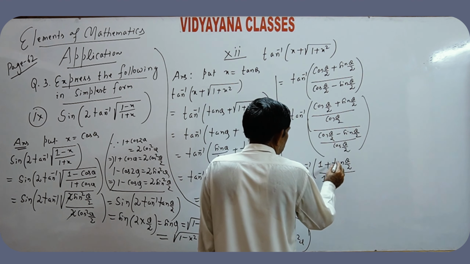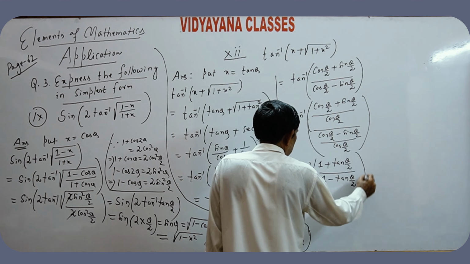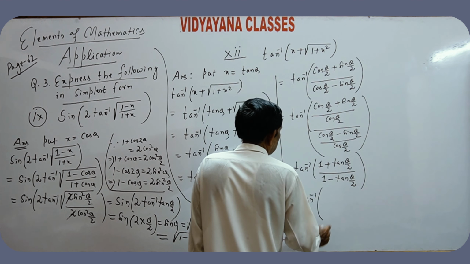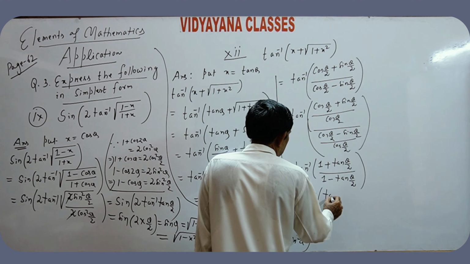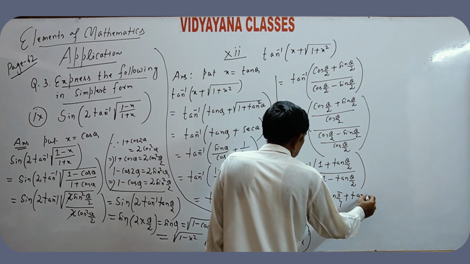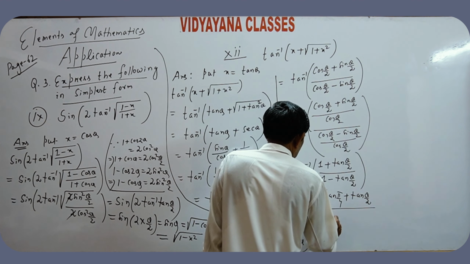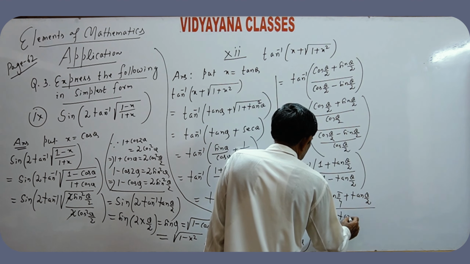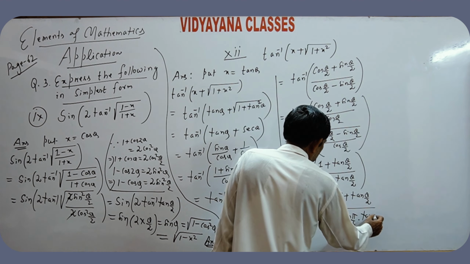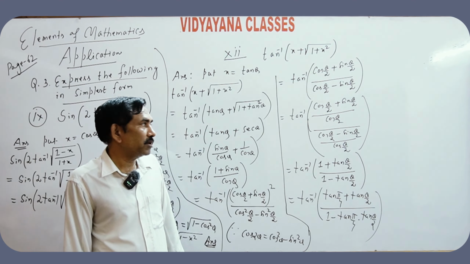This by this is equal to 1 minus tan theta by 2, which is same as tan inverse of 1 can be written as tan pi by 4 plus tan theta by 2, whole divided by 1 minus tan pi by 4 into tan theta by 2, since tan pi by 4 is equal to 1.